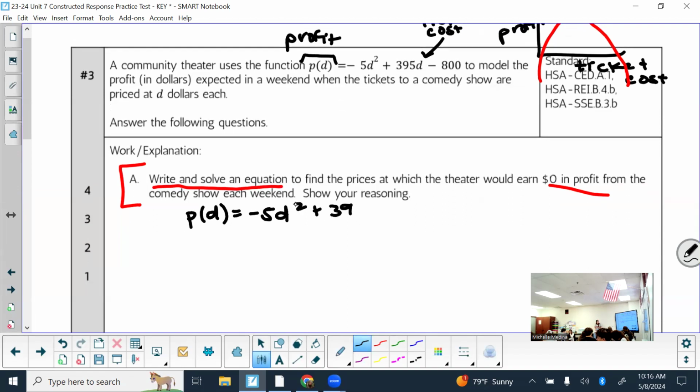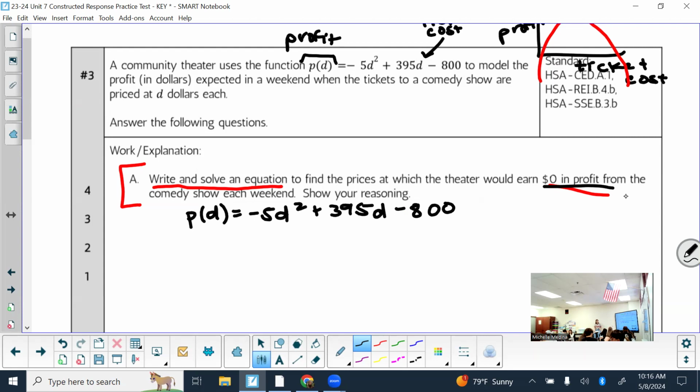So here's the given equation. If I want to know when my profit is 0, where do I need to put that 0? Do I put it for the P of D or just the D? The D is ticket cost. Did it say we want to know when the tickets will cost $0?